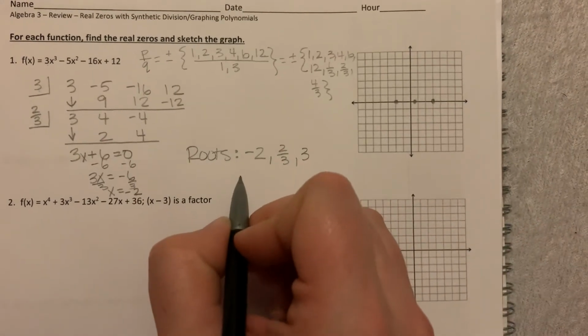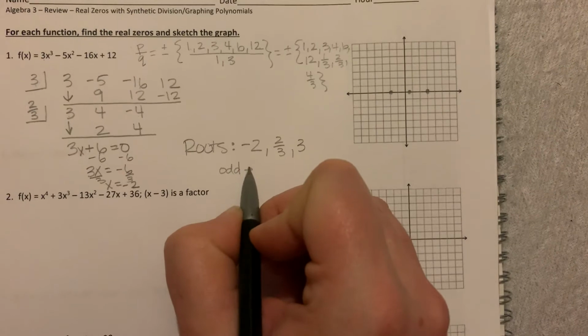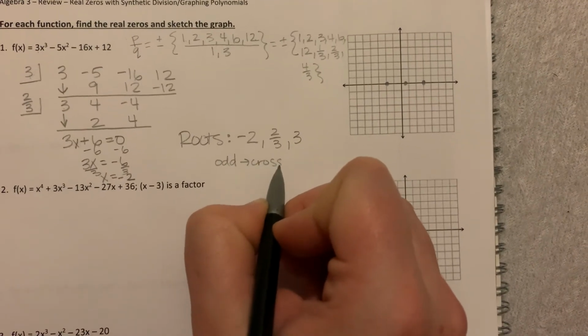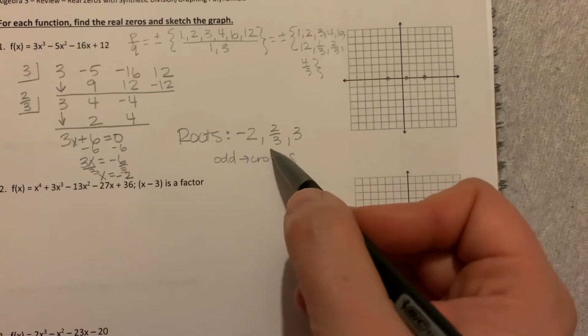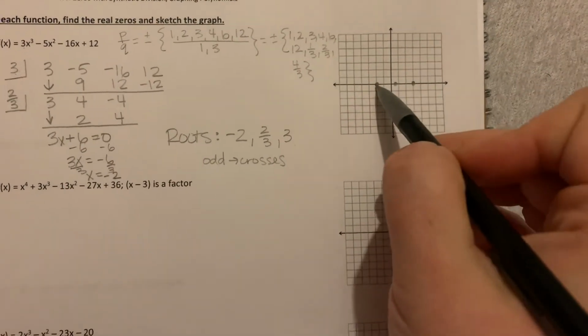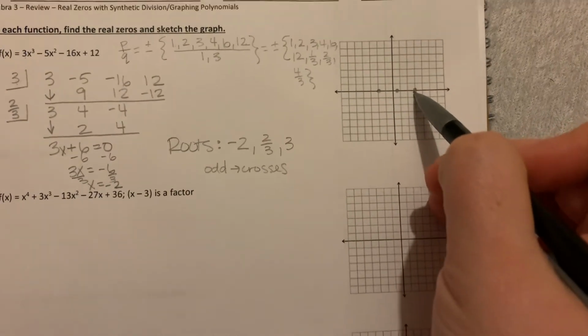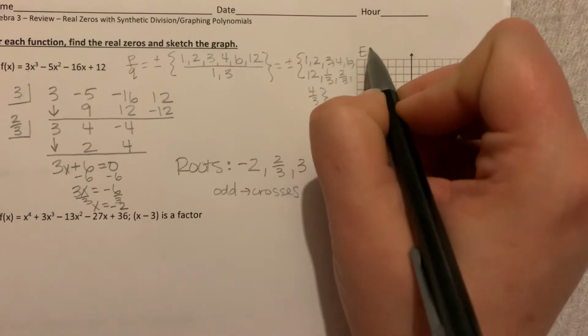Okay, if your multiplicity is odd, it crosses through at that root. Since all of these have a multiplicity of 1, I'm crossing through the graph at each of these points.